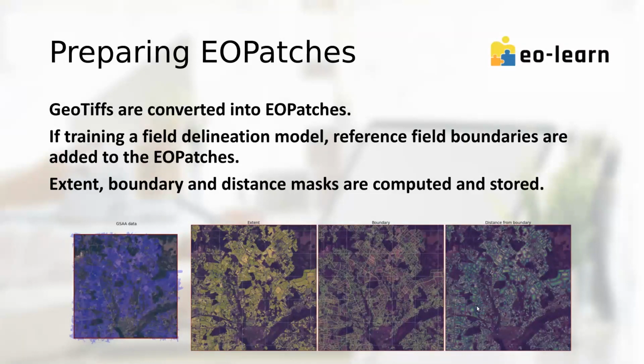Once the vector data has been imported to the EOPatch, it is then rasterized to 10-meter resolution. And in our use case, a negative buffer of 10 meters is applied to try to align the GSAA data with the Sentinel-2 pixels. So the model is not taught boundaries that are sub-pixel and can't be seen.